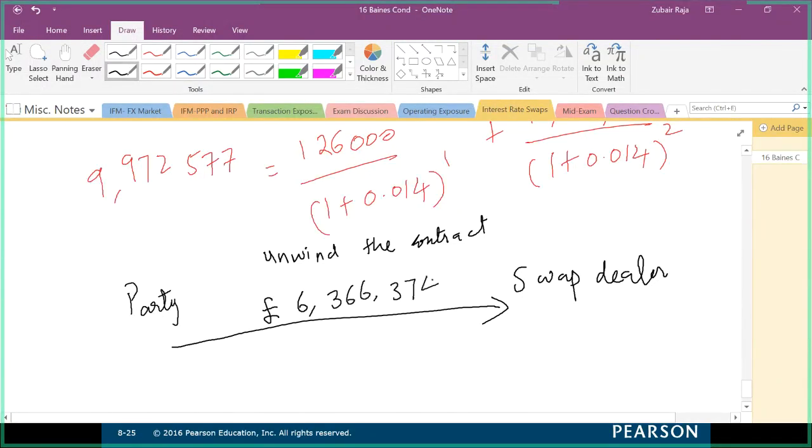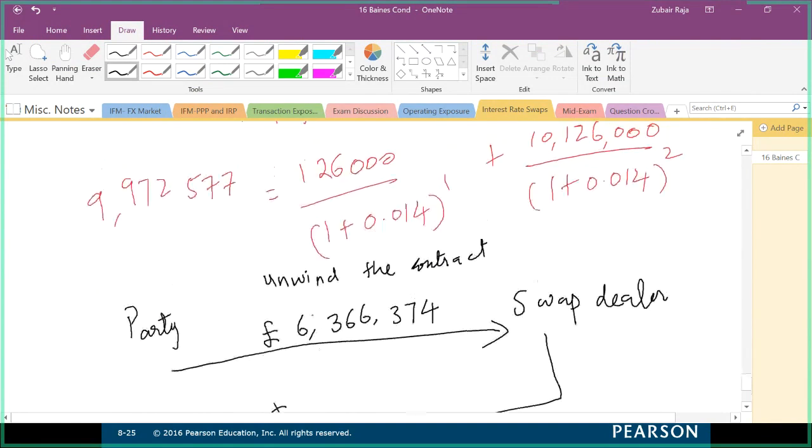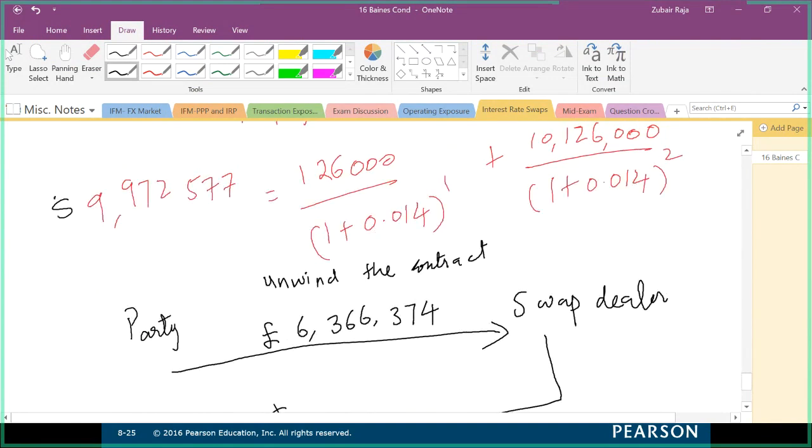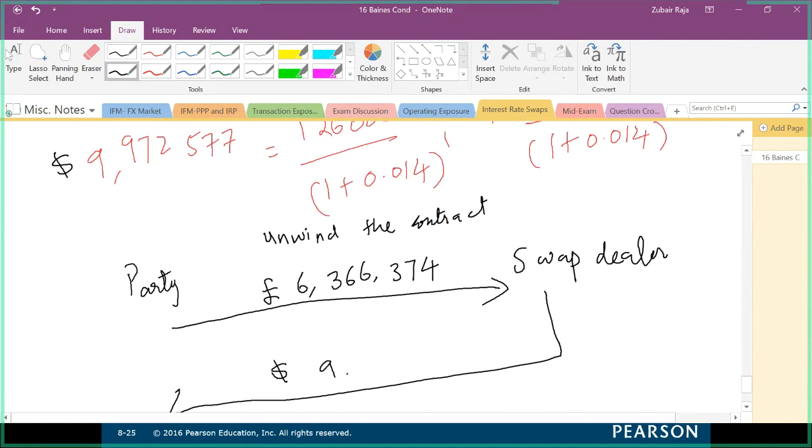This is what the party needs to pay: 6,366,374. Clear? Now, if this party is doing that, obviously the dealer also has to pay something back. That was the dollars, right? So today, at the end of the first year, in order to unwind this position, this many dollars has to be paid by the dealer, which is 9,972,577.